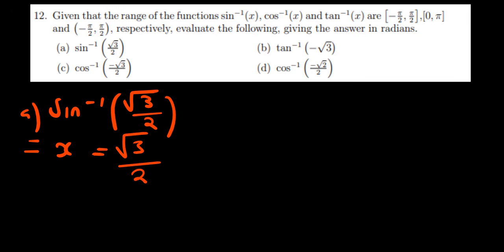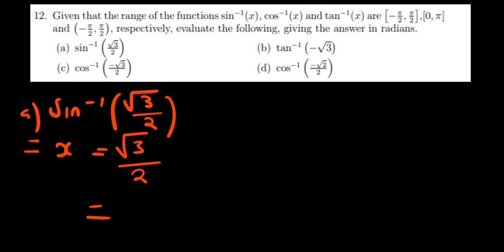Now that we know what this is, what is the square root of 3 over 2 when it comes to special angles? Yes, that is 60.